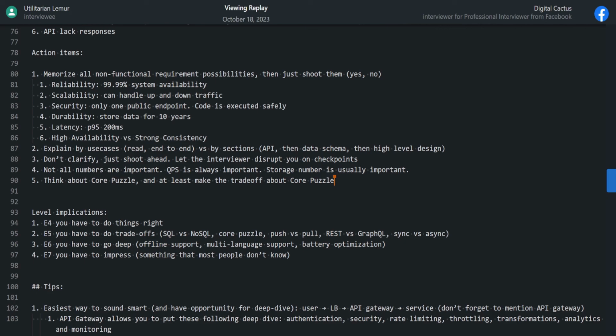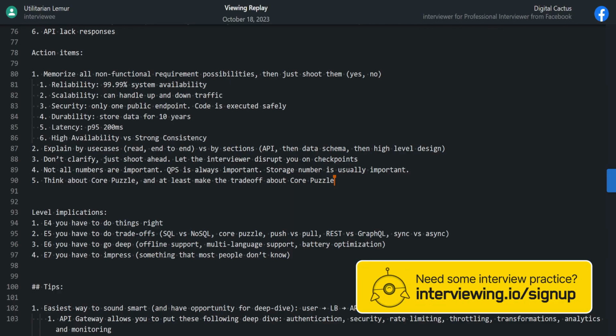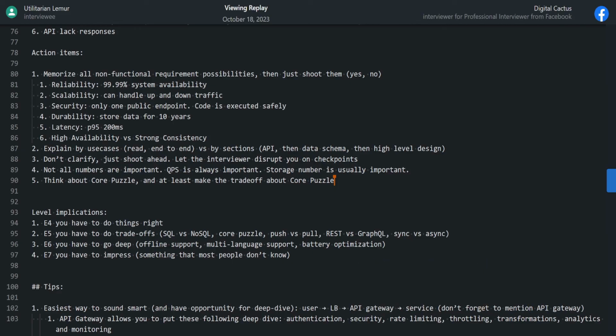I need to know which drivers are actually in this area and map them against this user. There are many solutions. You can use a full table scan, which is not efficient. You can use geohash, quadtree, and many other ways. That's the trade-off that we have to talk about.